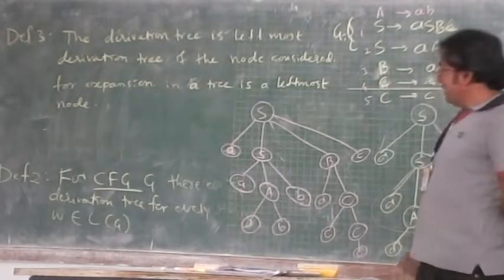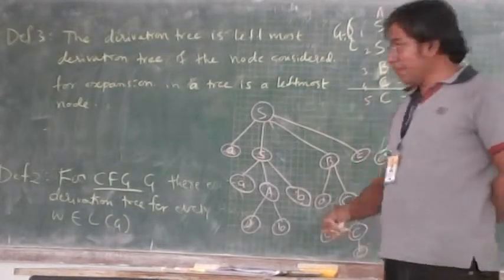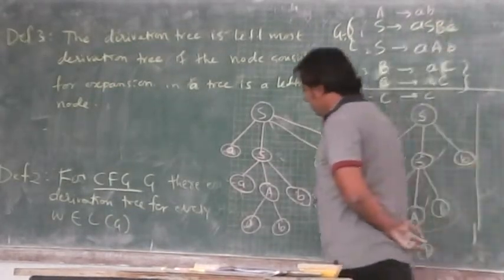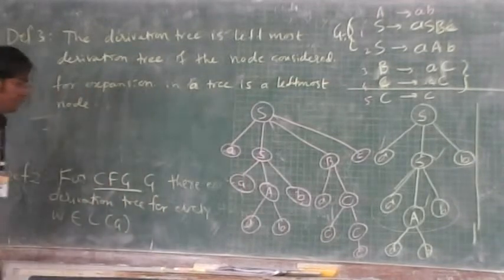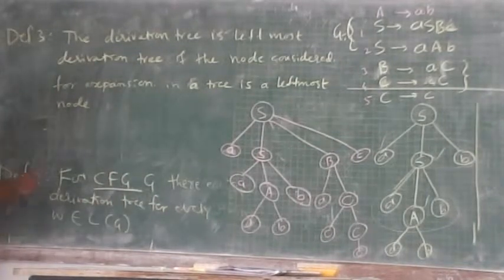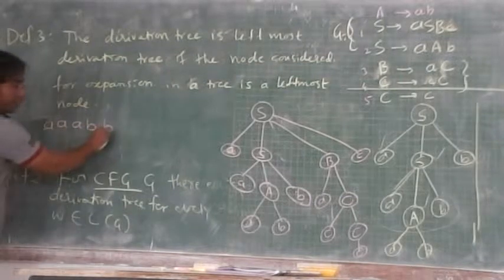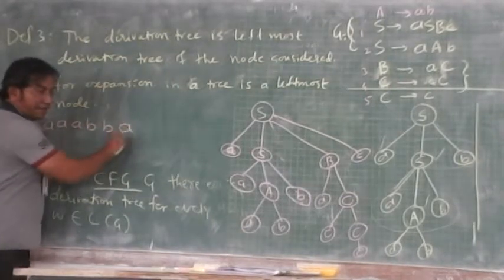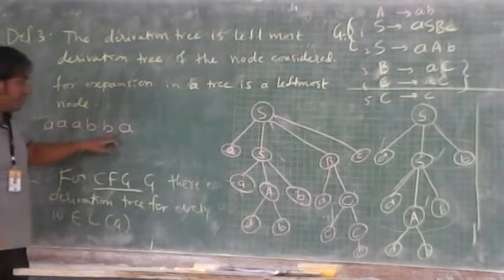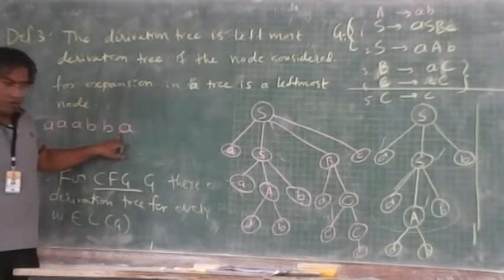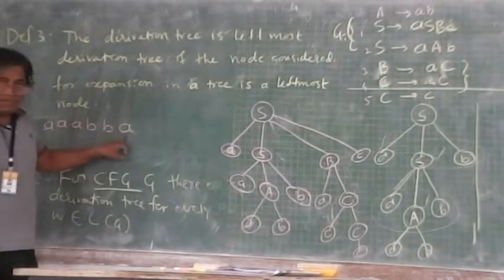So what is the yield of this tree? A, B. After B, what is there?